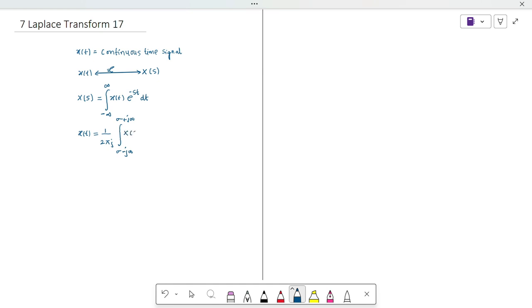It is a function of x of s. We should do the integration of x of s into e power st into ds. So these are the formulas for the Laplace transform and inverse Laplace transform. Now we are going to learn the properties.